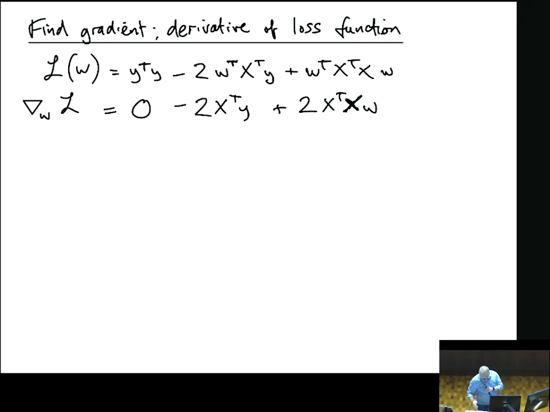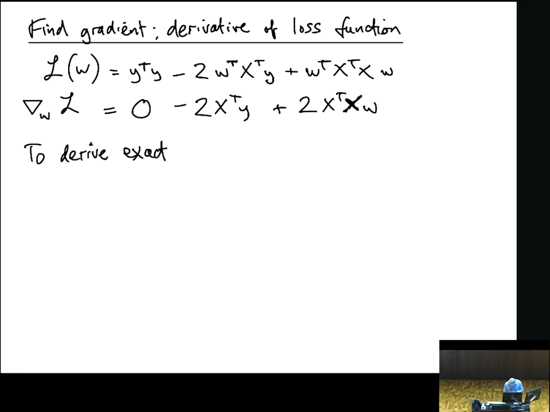But all that you need to do is to derive the exact solution, which is the thing that we had before last week.